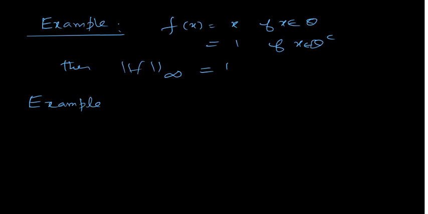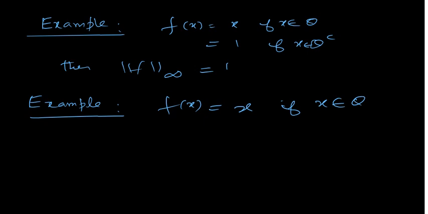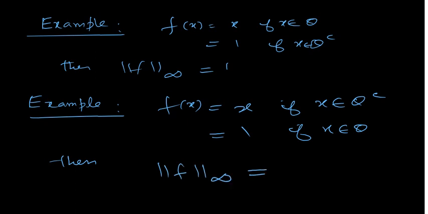You can also make examples yourself. This example is very simple: if x is in Q, then this function does not have an essential bound, so its essential supremum is infinity. Okay, so this is the essential supremum.